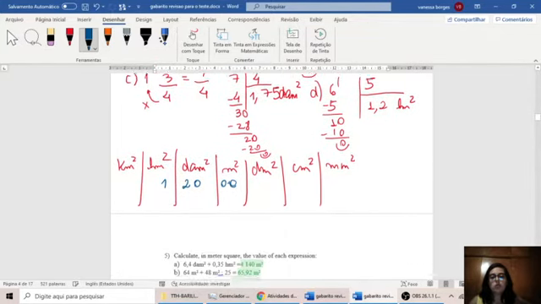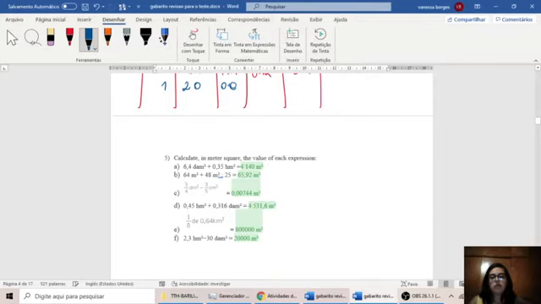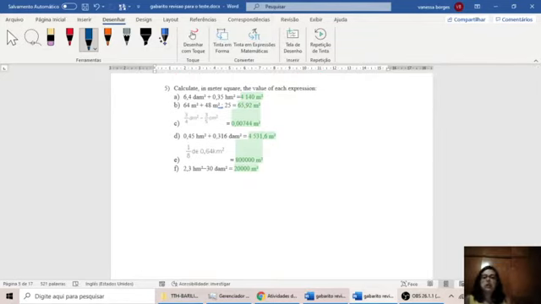Let's move on to number 5. Number 5 is the same, but the difference now is that I am with additions, and the unit is not the same, so I have to transform everybody to meter square, and then I do the addition.